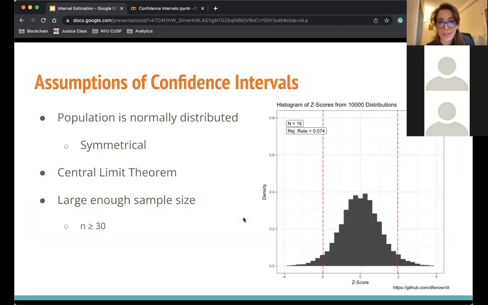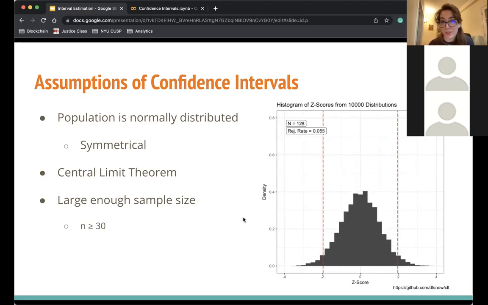And just to emphasize one more time, regarding the assumptions we make in order to construct confidence intervals: the population must be normally distributed, because we're using the symmetry of the tails to nicely partition everything. We can also say the central limit theorem holds true because we're dealing with the distribution of values over time, and the more samples we take, the closer it should equate to the true distribution of the population.